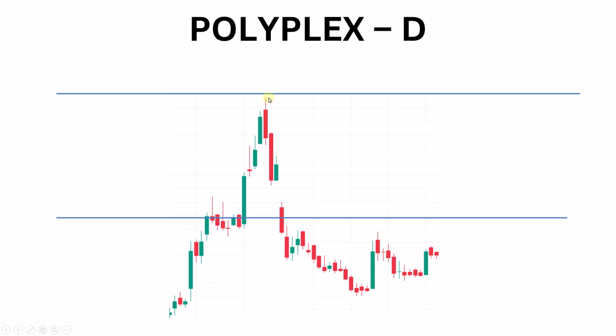They tried to take it up, they took it up till here, but at this point sellers or bears came in and pushed the price down. They pushed it down till here, but at this point buyers came and pushed the price up. But still the bears or sellers were successful in closing the price here.